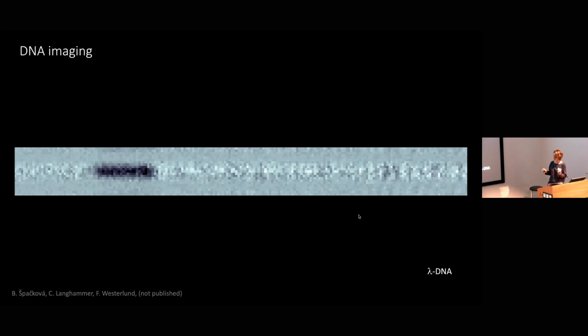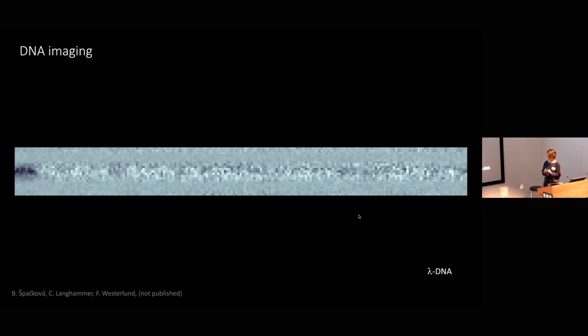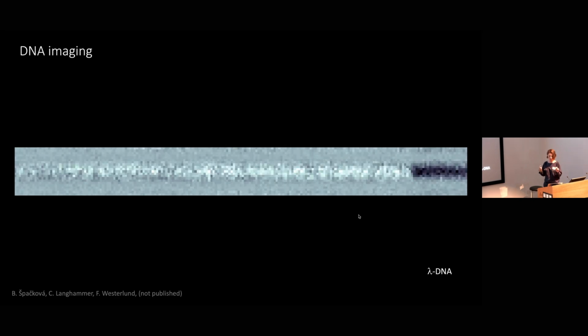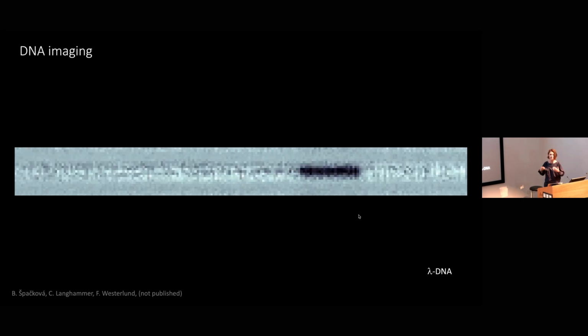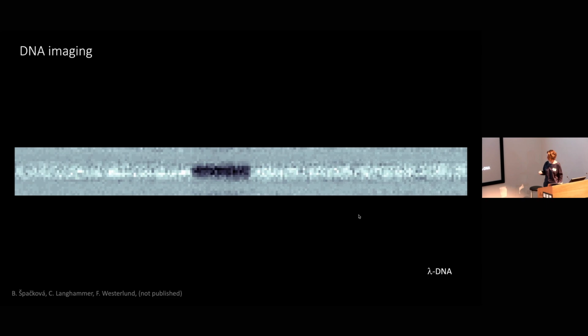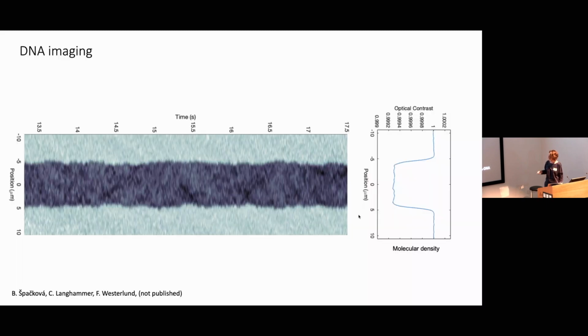Also, the DNA inside the nanofluidic channel is stretched because of the confinement and because of the induced electrostatic forces. And in this way, we also have the opportunity to study the time evolution of the molecule density profile along the nanochannel. So we can see the evolution in time.